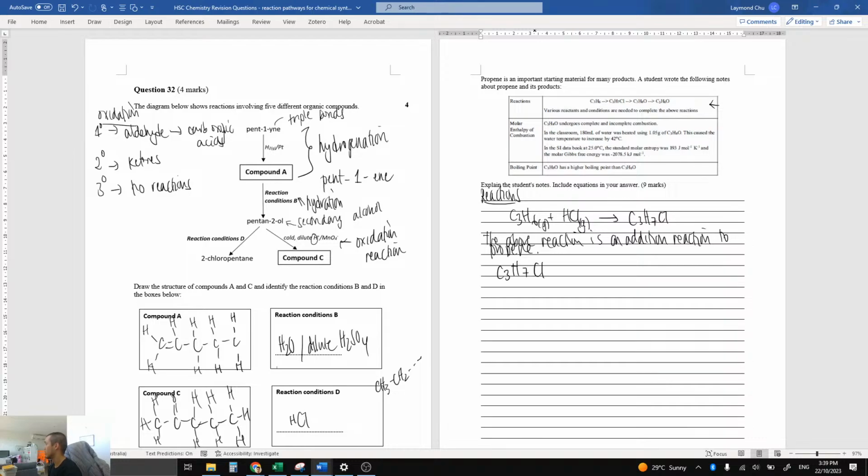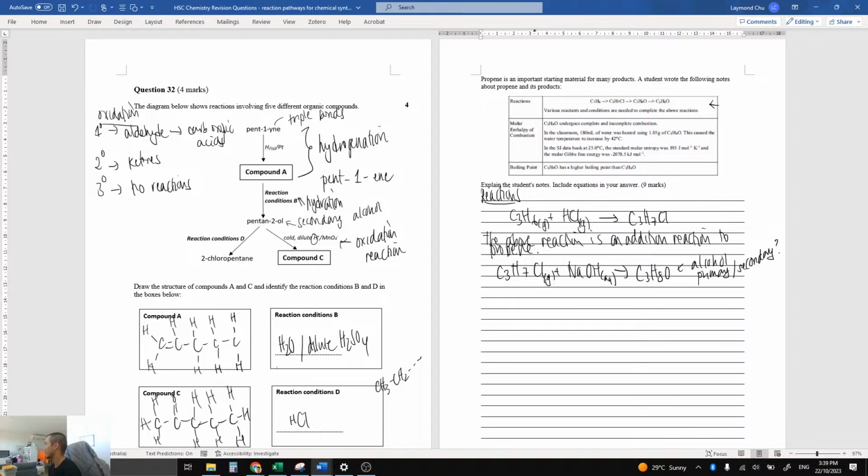C3H7Cl plus NaOH, probably aqueous, gives us C3H8O. Now, what is this? This is an alcohol. Now, is this a primary alcohol or a secondary alcohol?